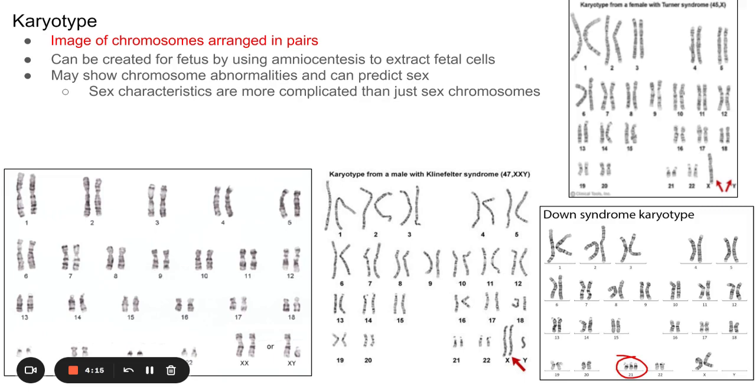Trisomy 13 is another condition that a person can have if they have 3 13th chromosomes. A person can have an extra X chromosome. That's called Klinefelter syndrome. A person can have just an X chromosome as their sex chromosome. That's called Turner syndrome.